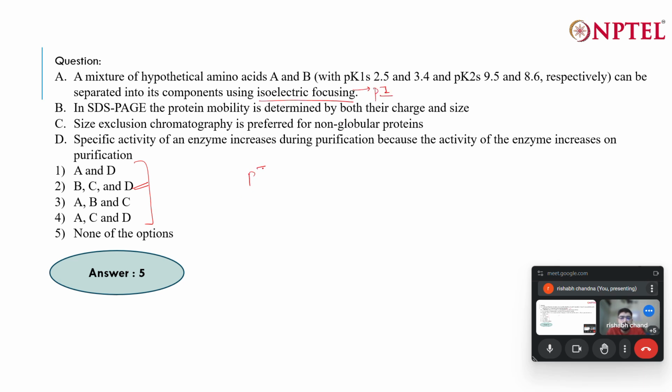So pI is calculated as pK1 plus pK2 divided by 2, which is the average of both the pKs. For the first amino acid, the pI comes out to be 6.